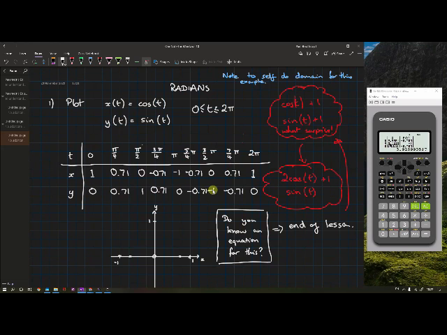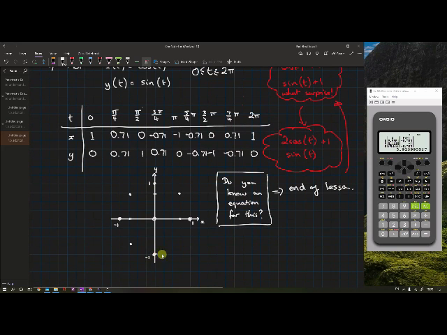You plot pairs of values out, you plot them on points, and what you find is you actually get a point here, second point is there, third point there, fourth point there, fifth one here, sixth one here, seventh one at 0, -1, and eighth one is just about here again. What you should realise is, if you really need to, you can fill in other numbers, but this is forming a circle.